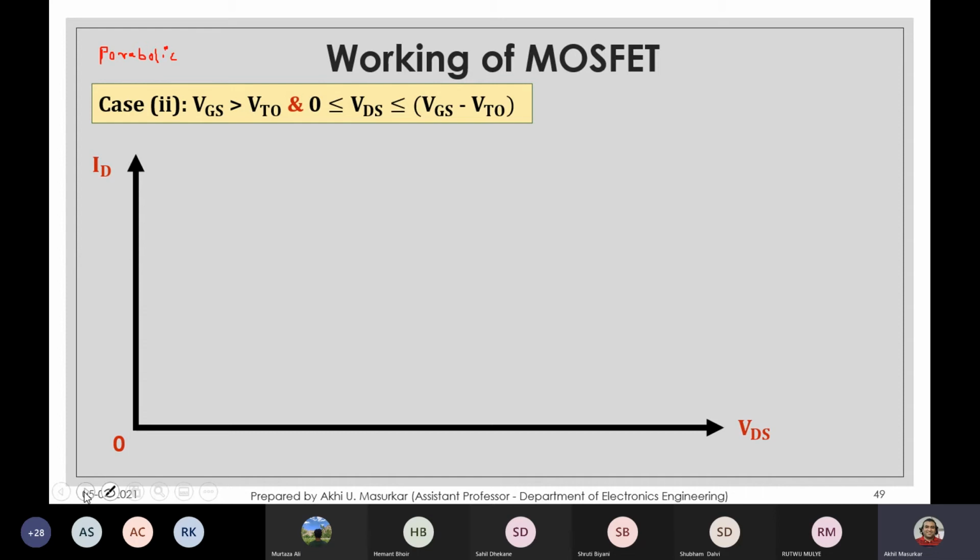Parabolic means you are looking at ID as a function of VDS, so we are assuming VGS to be constant. But what is this constant value? The answer is that I don't know.